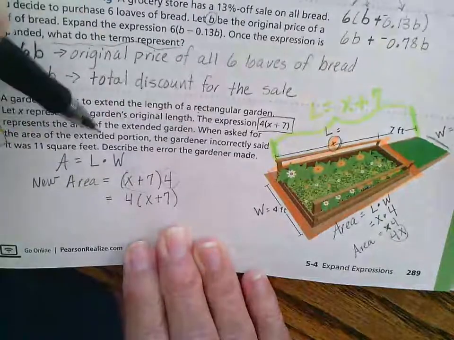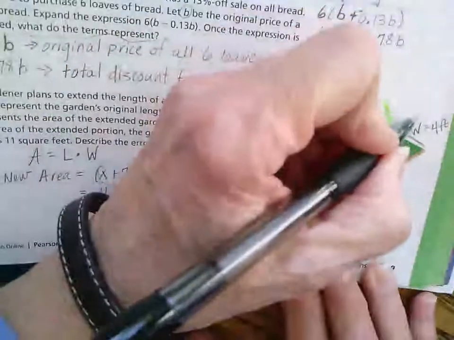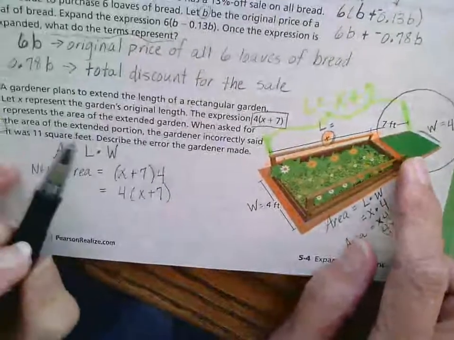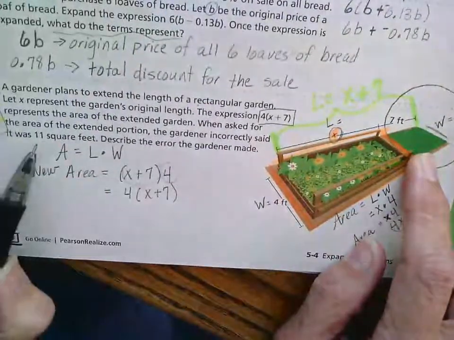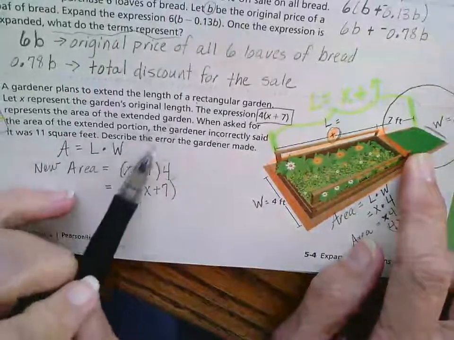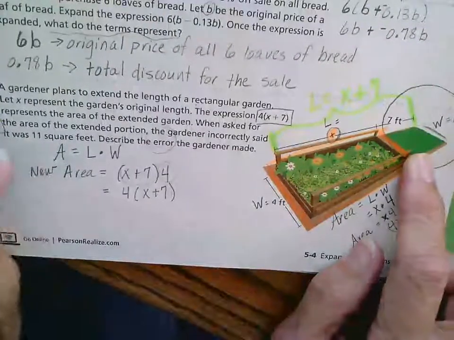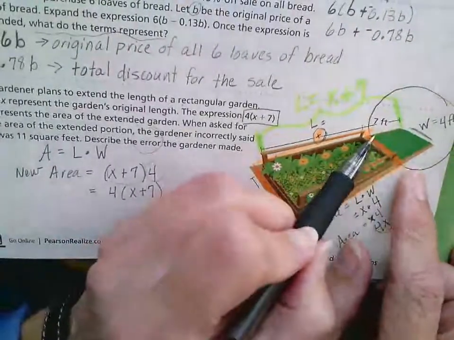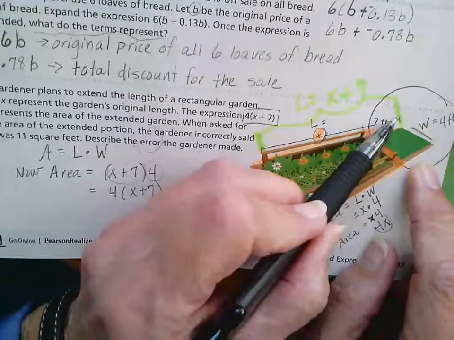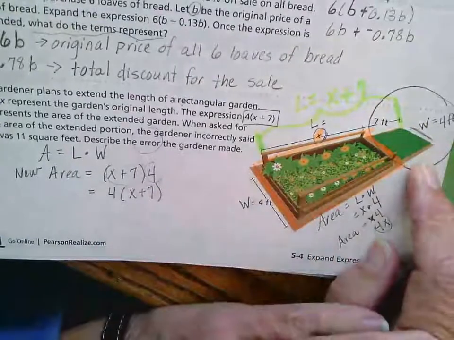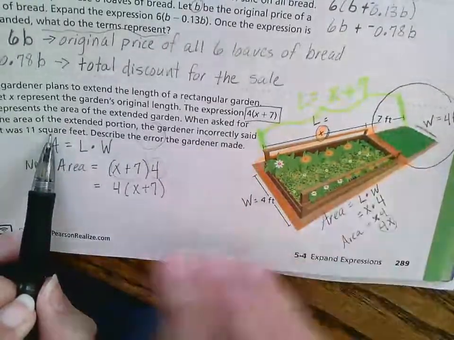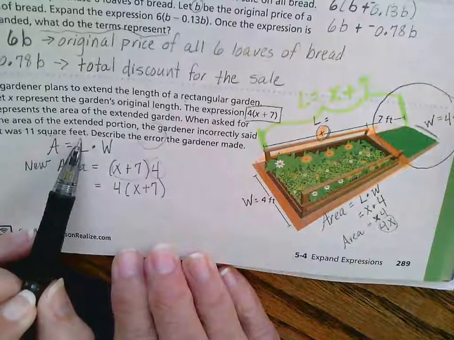When asked for the area of the extended portion, this portion only, down there, the gardener incorrectly said it was 11 square feet. What do you think? What error did the gardener make? So when you look at the extended portion, you can see that this portion right here is 7 feet, and this portion is 4 feet. And the gardener incorrectly said the new area was 11 square feet.